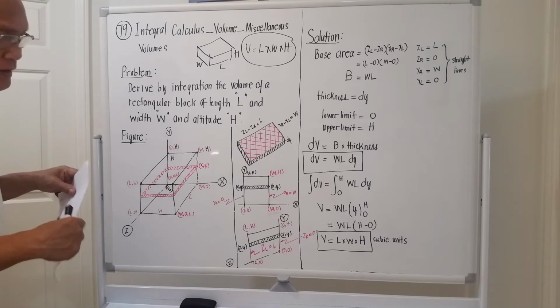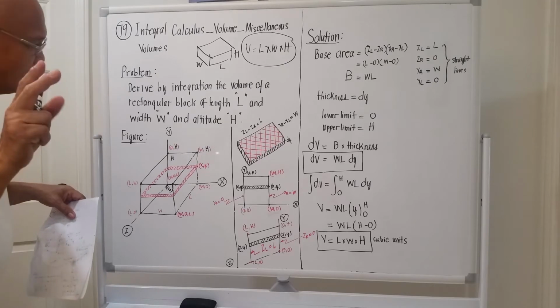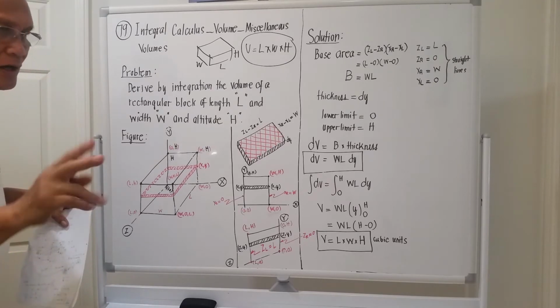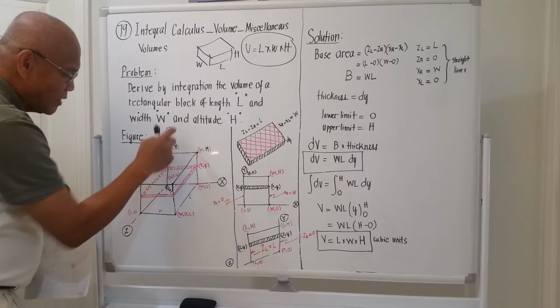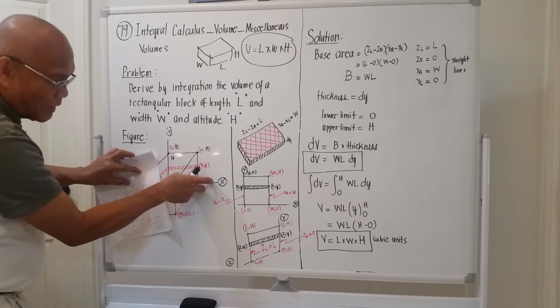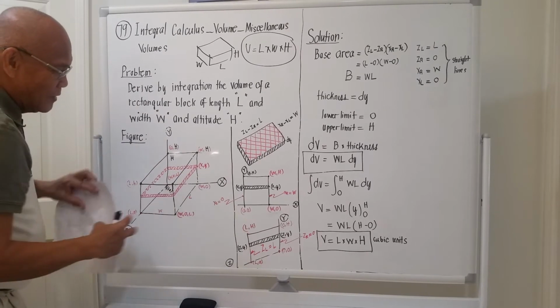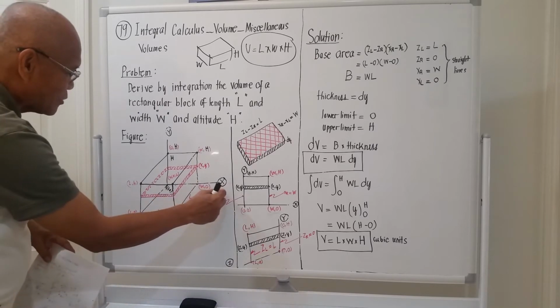In placing the coordinates, consider two lines at one time. For the first one, it's only x and y. Forget the z first. So we place the coordinates correctly. On the YZ plane, forget the x first.